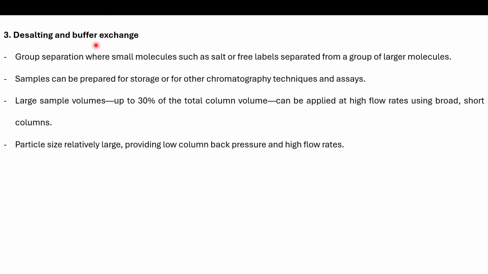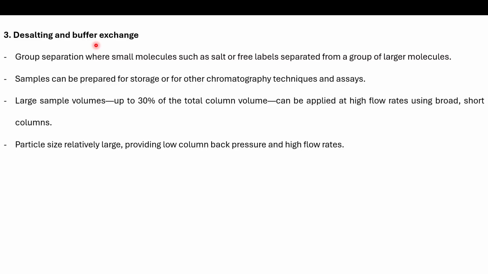And then also the storage. Suppose you have purified a protein and now you want to store it. Usually you have done SEC, you have eluted your protein of interest, and you have got really good quality pure protein.